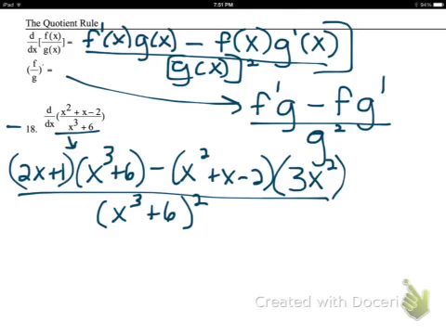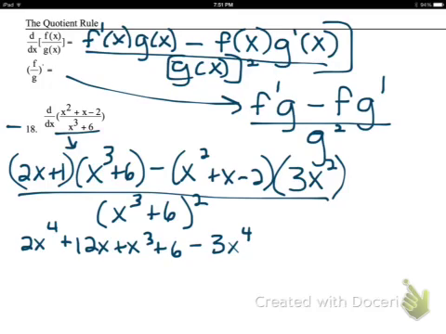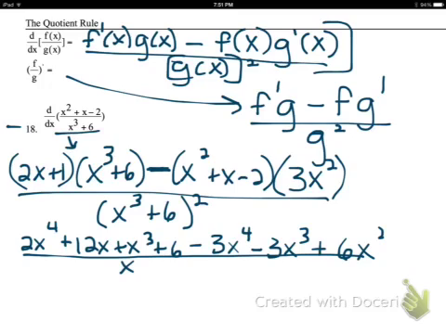Okay, and then I would multiply this out, combine like terms. So if I multiply it out, we get what? 2x to the 4th plus 12x plus x cubed plus 6, minus 3x to the 4th, minus 3x cubed, plus 6x squared. Distribute this minus, all over x cubed plus 6 squared.